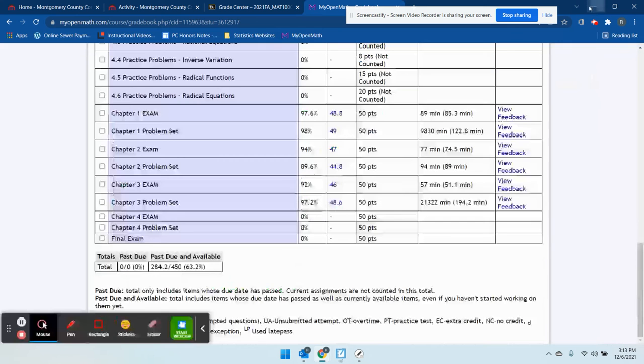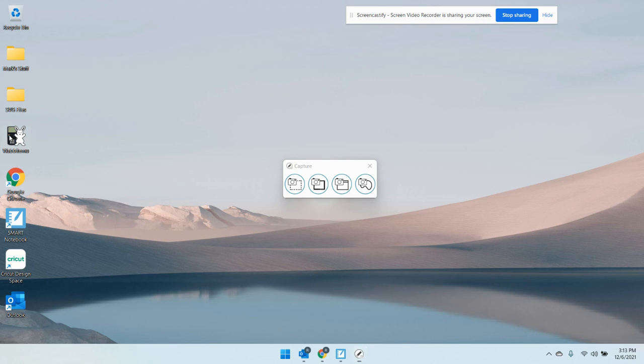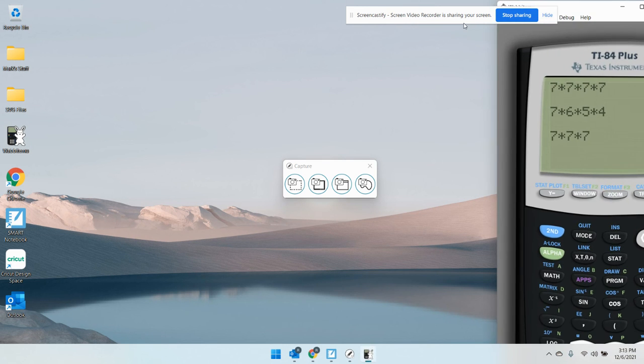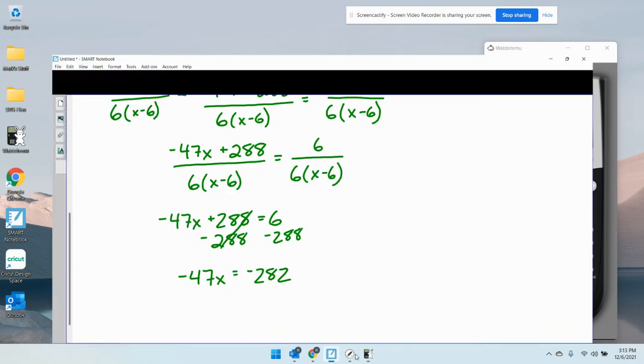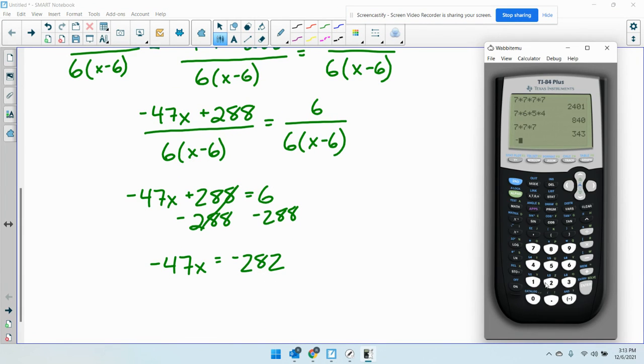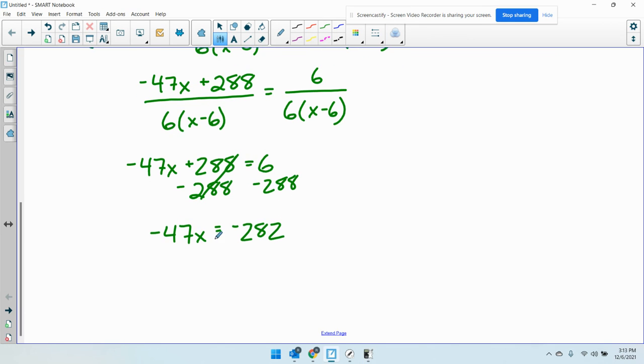Let me pull up the calculator real quick. We'll do negative 282 divided by negative 47. And look at that, we get 6.